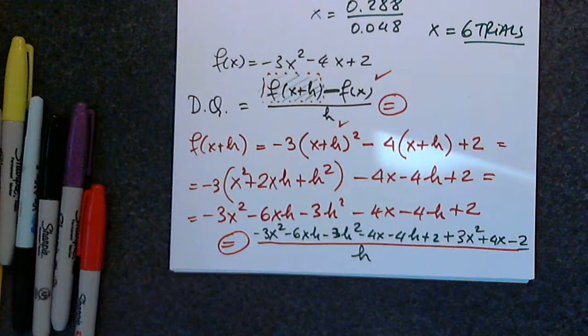So 2 things have to happen here. The first thing that has to happen is all terms at the top that do not have h must go away. If they do not go away, we have an error somewhere. The second thing that has to happen for any function, for any difference quotient, eventually this little h from the denominator must go away.